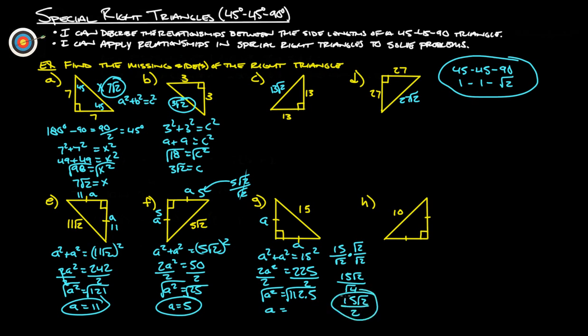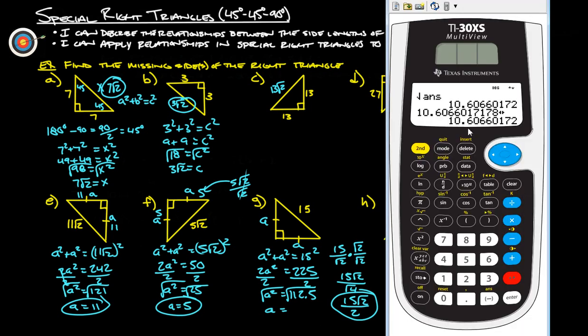So then that 15 root 2 divided by 2, if we plug that into our calculator, guess what we're going to get? 10.606. So let's just show that 15 times the square root of 2 gives us 15 root 2, and then now we divide that by 2, and we get that crazy looking thing here, which turns into 10.6066.